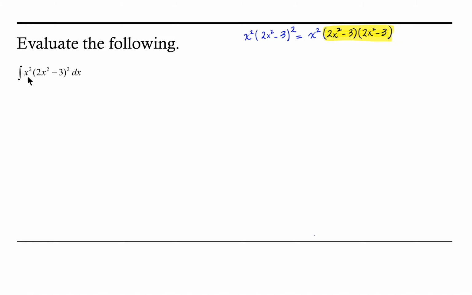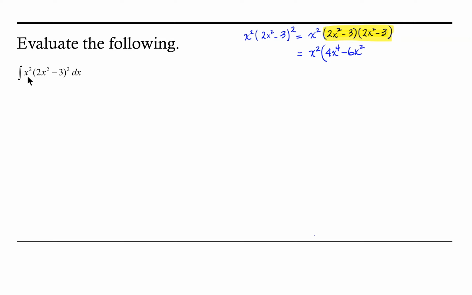So when I multiply that out, I get 2x squared times 2x squared, which is going to give me 4x to the fourth. 2x squared times minus 3 is going to give me a minus 6x squared.